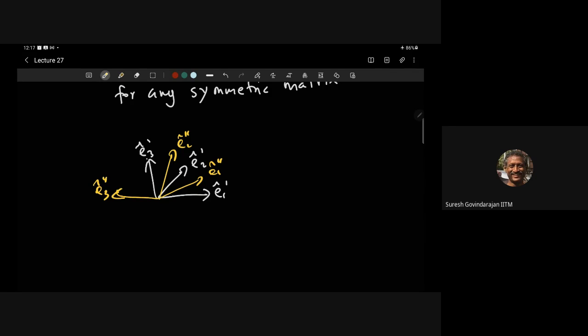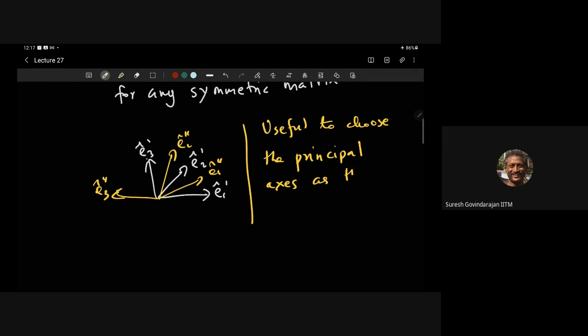Generally, it is useful and simplifies things to choose the principal axes.